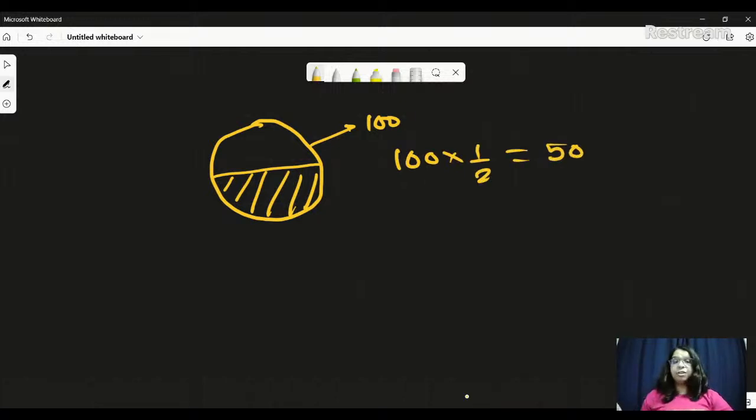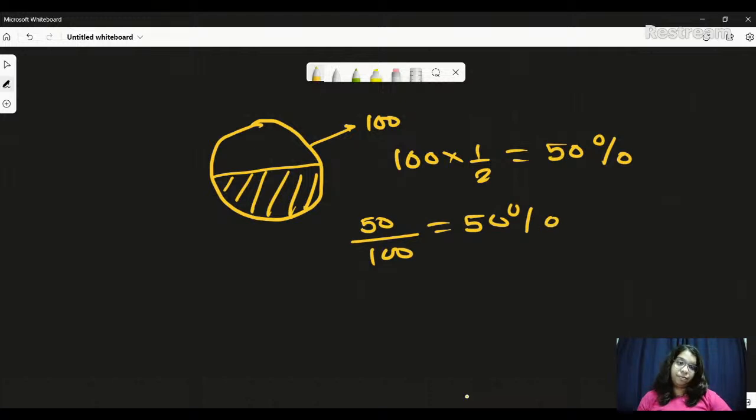So out of 100, only 50 is shaded, so it is called 50% is shaded. Anything over 100, so if I write 50 over 100, it is 50%. This is what percentage means in a crude way.